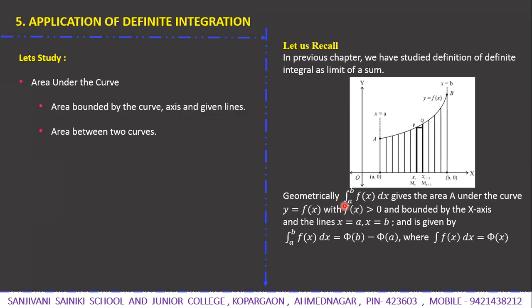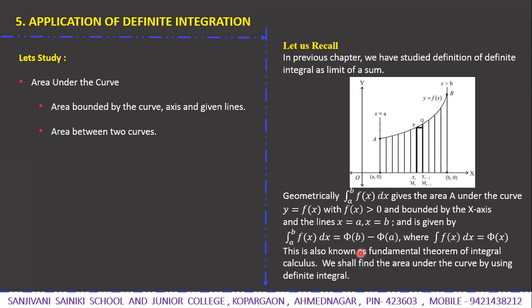So geometrically this integration a to b f of x dx gives area under the curve y is equal to f of x, with f of x greater than 0, bounded by the axis and the lines x is equal to a to x is equal to b. That is integration from a to b f of x dx is phi of b minus phi of a. This is just the fundamental theorem of integral calculus.